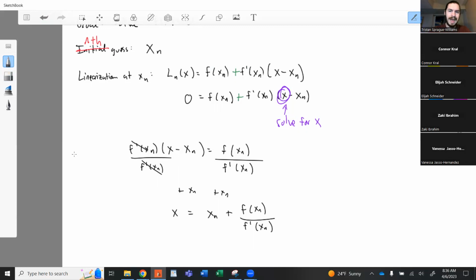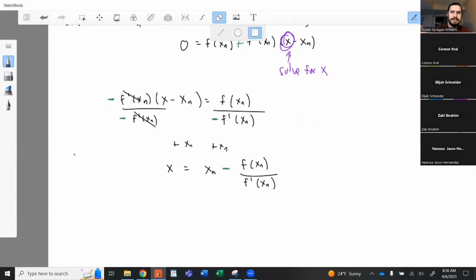Instead of adding it to both sides, we subtract it from both sides. So there's a minus here, so we divide by a minus there. And then this ends up being a minus right here. There we go. Sorry about that.